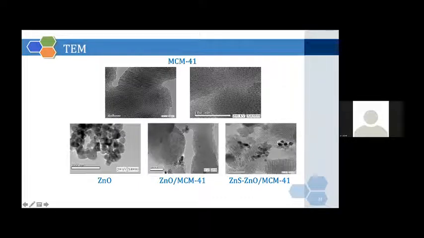For the zinc oxide sample, the particles of pure nano zinc oxide exhibited small nano-sized grains of spherical particles of size about 25 nanometer diameter, and there is some agglomeration. For composite samples, after incorporation of zinc oxide and zinc sulfide, the mesoporosity of MCM-41 is not disturbed, and zinc oxide and zinc sulfide particles are distributed more evenly around MCM. Also, there are a few zinc sulfide and zinc oxide particles on the outer surface of MCM, and they are lightly aggregated.